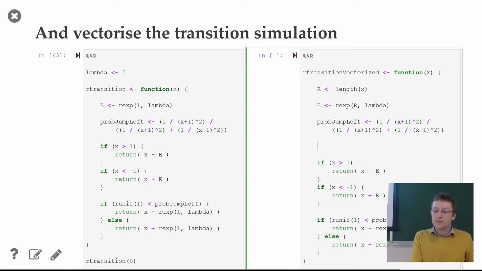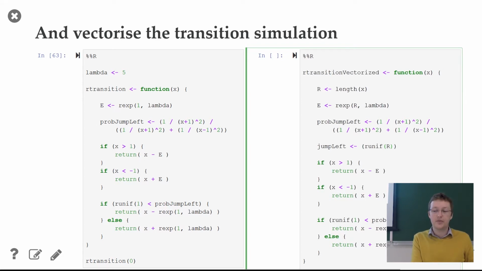And then we'll make a vector which is true or false for each Markov chain, saying, is it jumping left? One way to do that is to flip a coin.